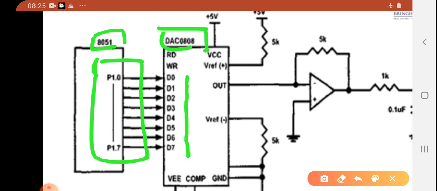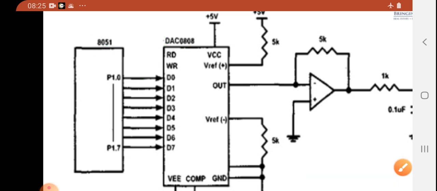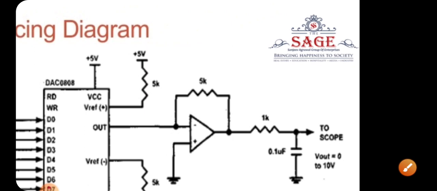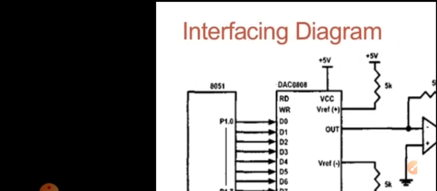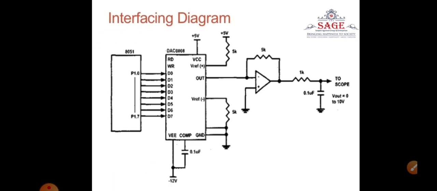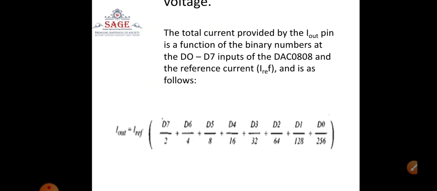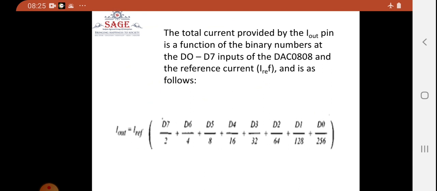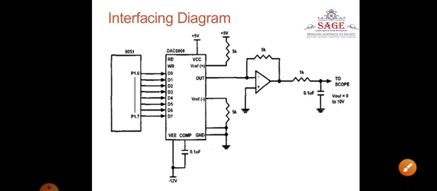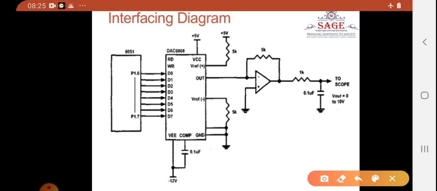So this DAC will convert the digital input into output in the form of current by this formula. By this formula, we will get the output in the form of current. Now we will use the op-amp.